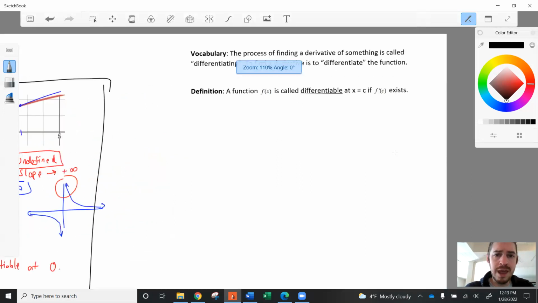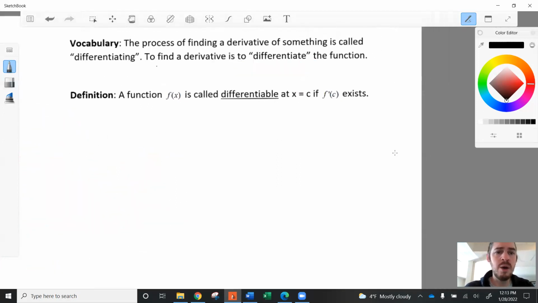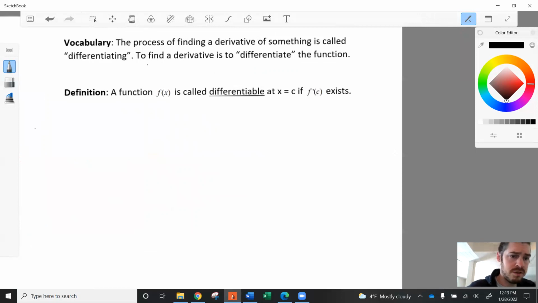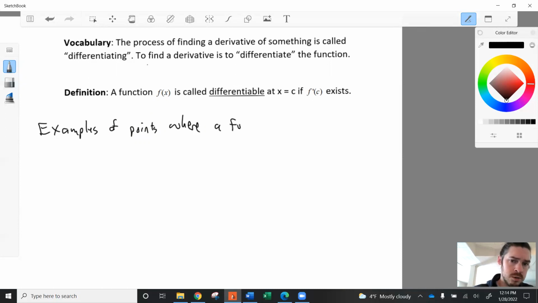Let's look at that way as well as some other ways that a function can be not differentiable. So this is going to be examples of points where a function is not differentiable.